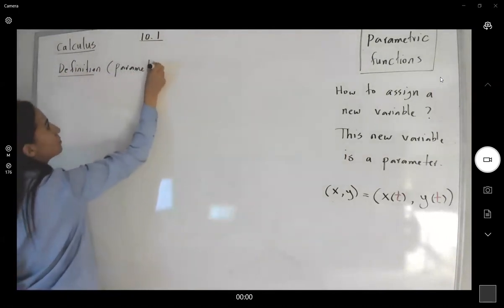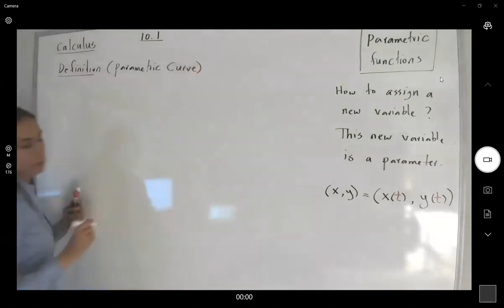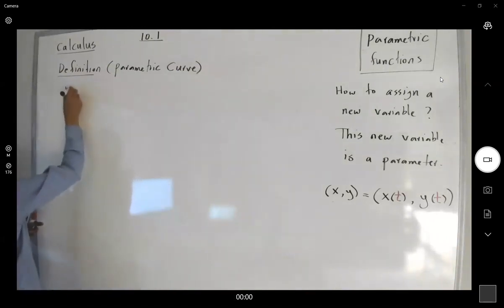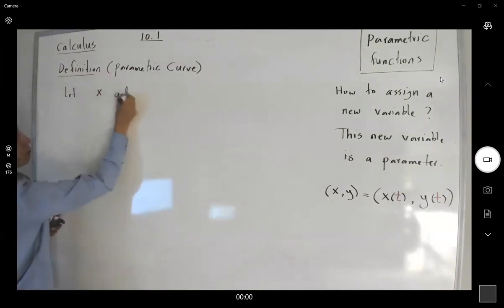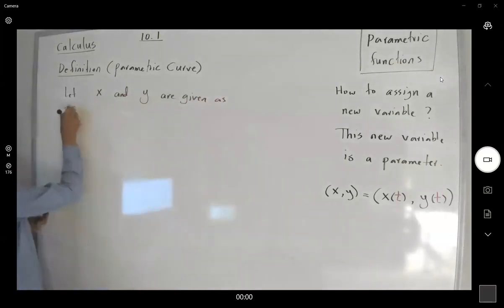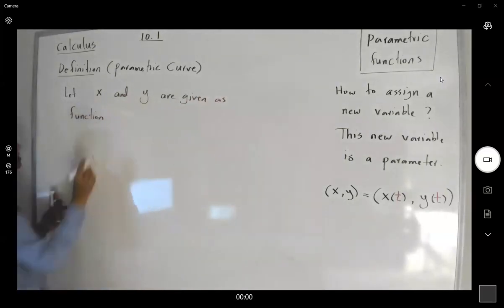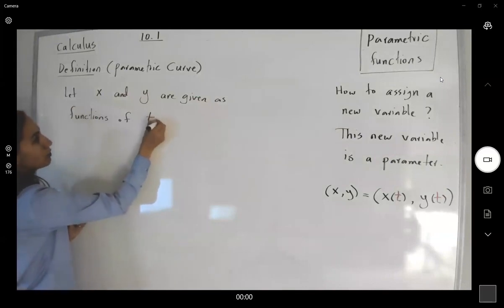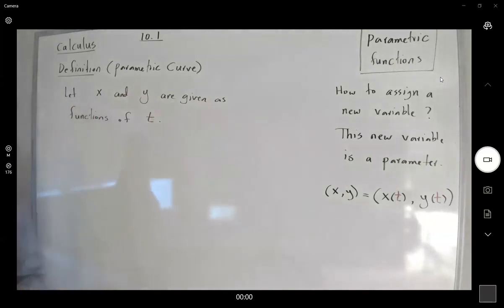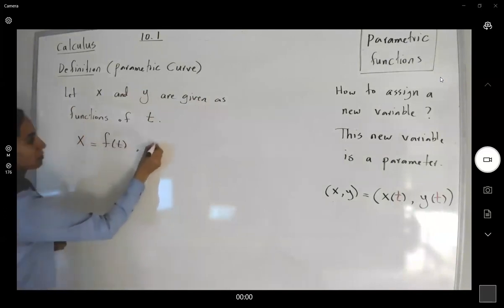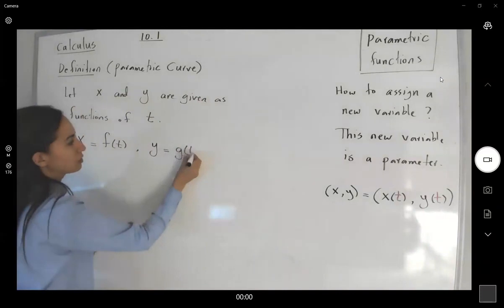Suppose x and y are given as functions of a new variable, a new parameter like t. We write them this way: x is f of t and y is g of t.